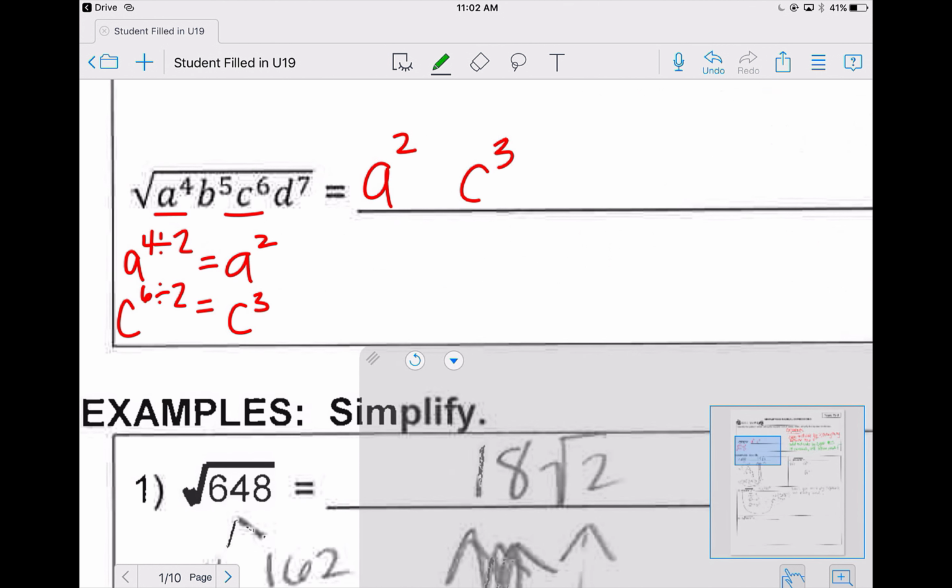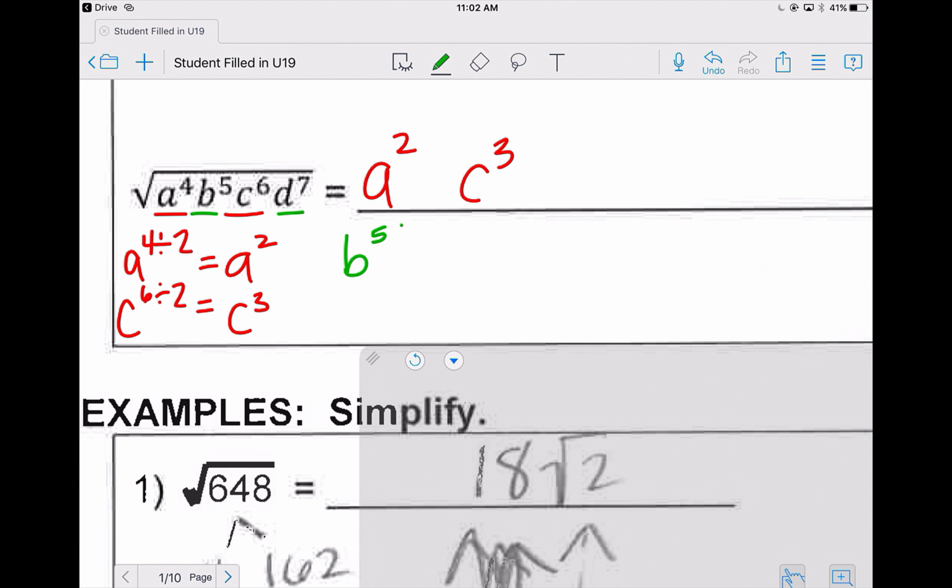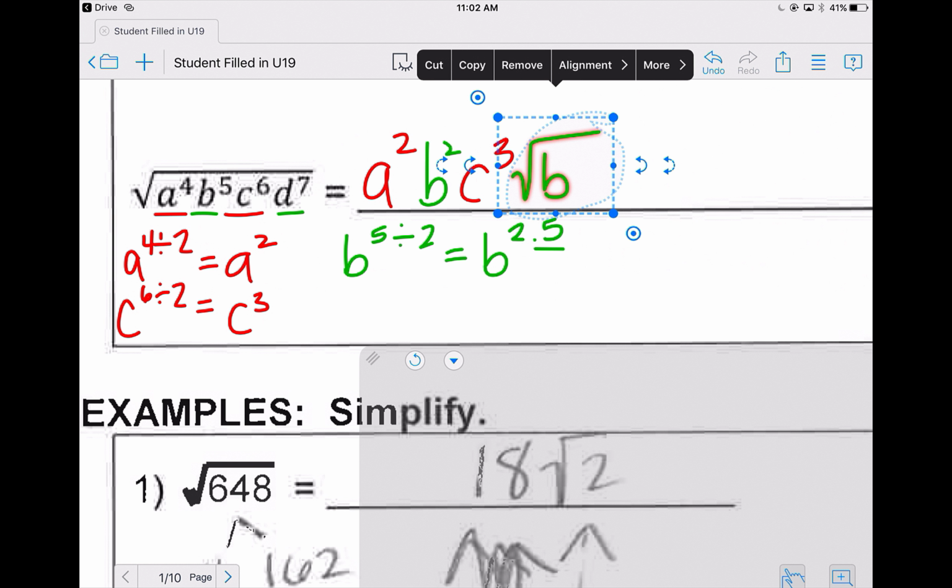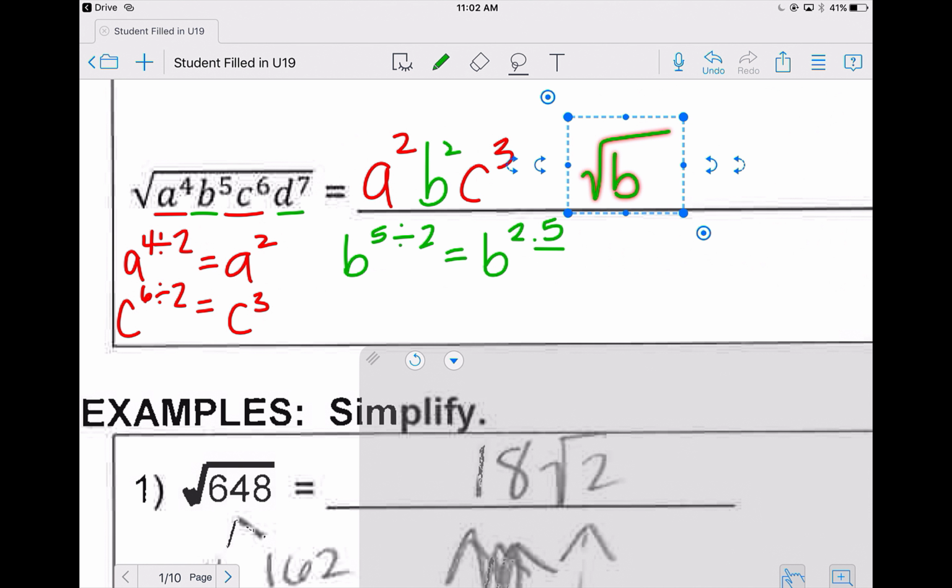inside the square root. Now the odd numbers, we still divide by 2. And when you get a 0.5, that tells you you leave something under the square root. You will always only leave 1. And then the number outside, the b to the 2.5, the 2 is going to go outside the square root.